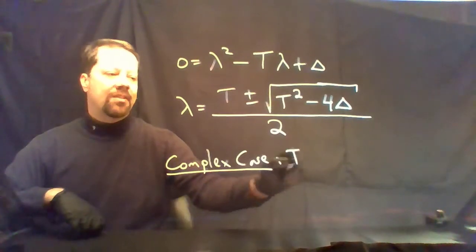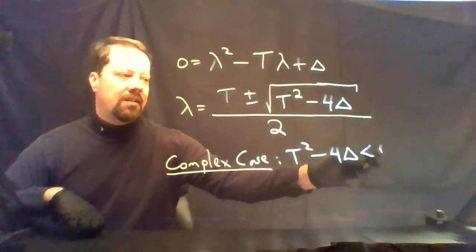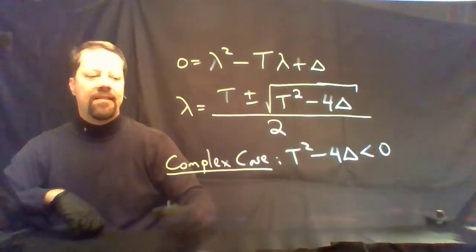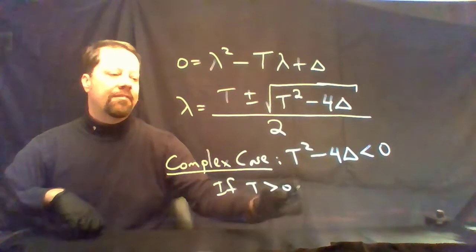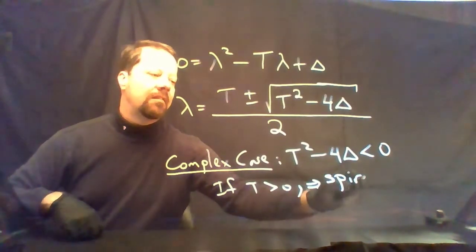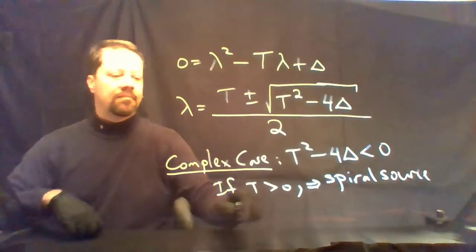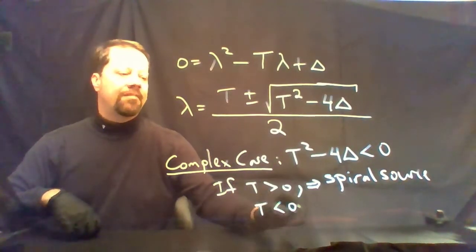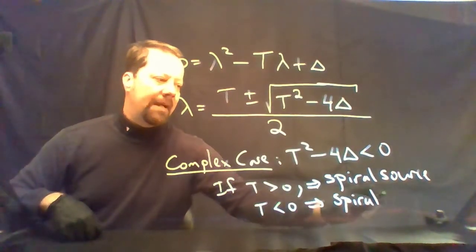The complex case occurs when t squared minus 4 delta is less than 0. In this case, if t is positive, you get a spiral source. If t is negative, you get a spiral sink.